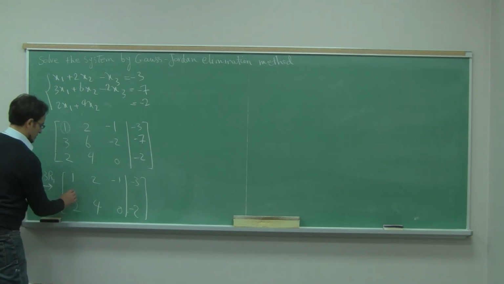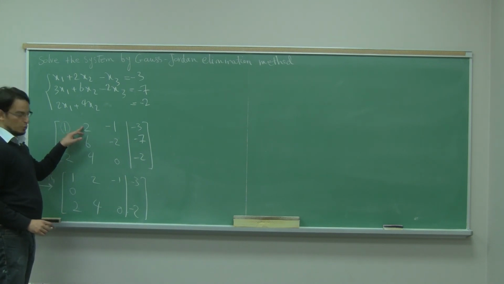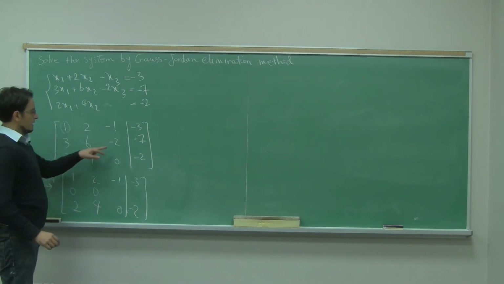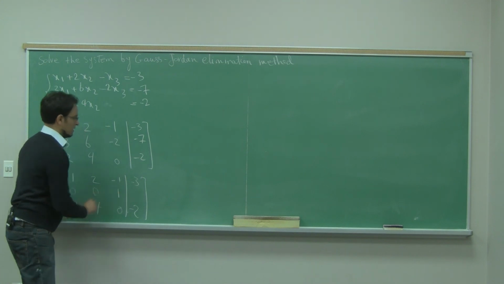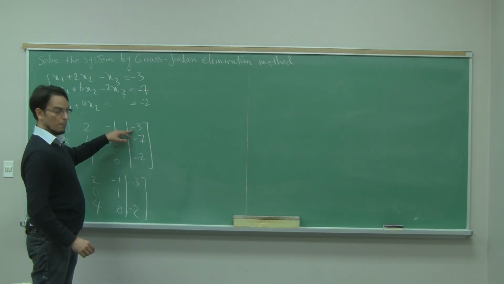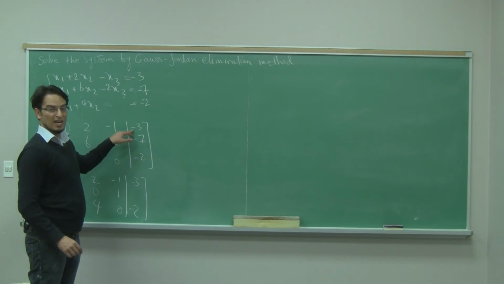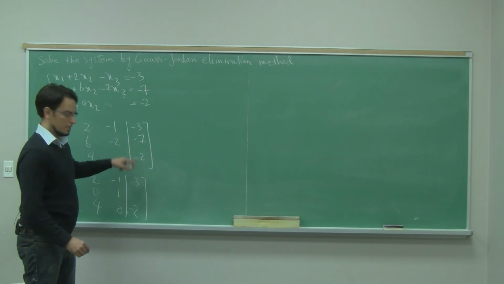3 minus 3 is 0. 6 minus 3 times 2 is 0. -2 minus 3 times -1 is 1. And -7 minus 3 times -3 is -7 plus 9, it's 2.